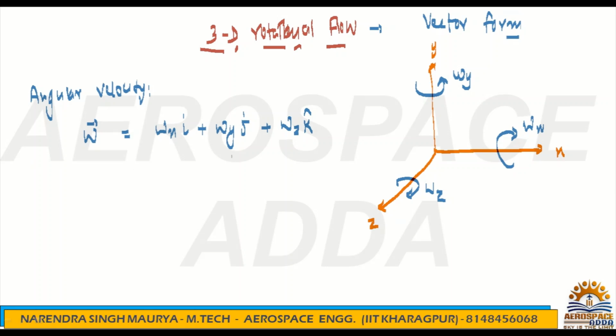Now if you write all the components here, then what will be the value?